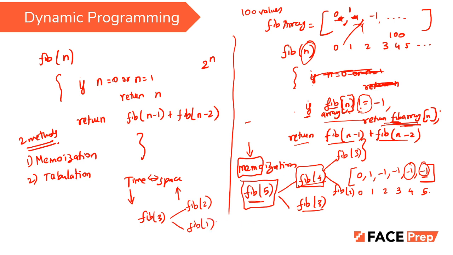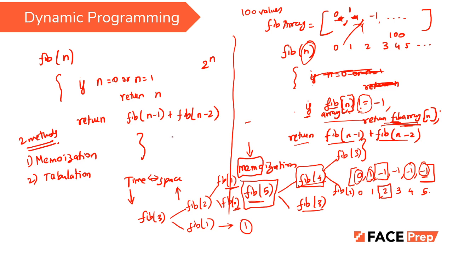Now when I call fib of 1, it will return the value of 1 itself. When it calls fib of 2, I check for fib array of 2, because it is equal to -1, this condition will skip and it is going to again call fib of 1 and fib of 0. Right? So when I call fib of 1 and fib of 0, I can see that the values are there. Fib array of 1 and fib array of 0 is there. So 0 and 1 will be returned.